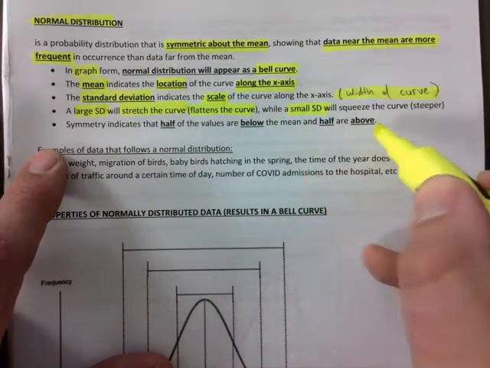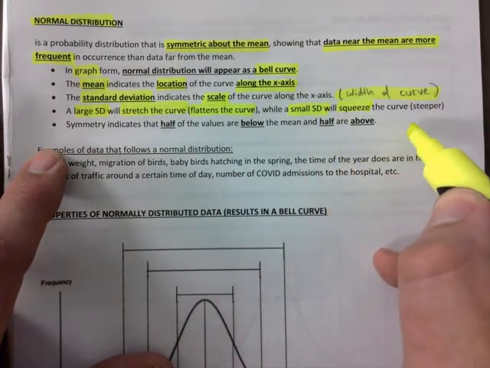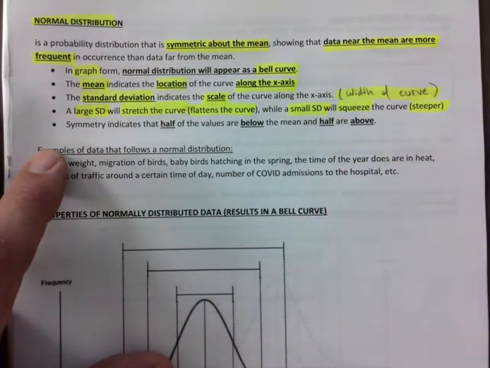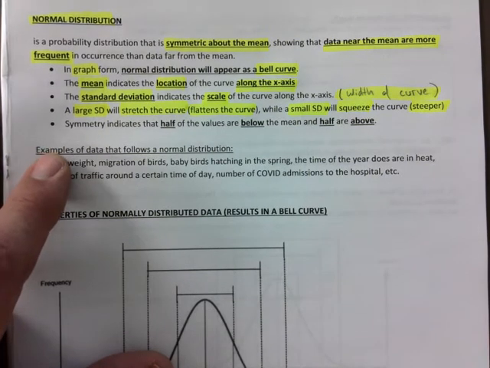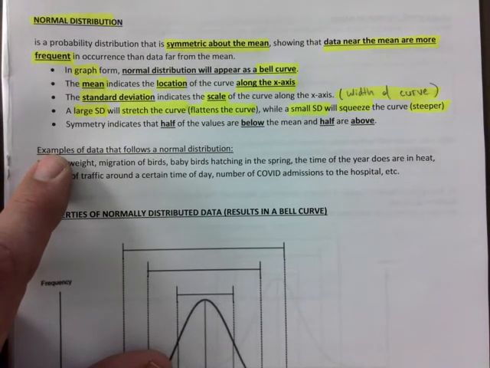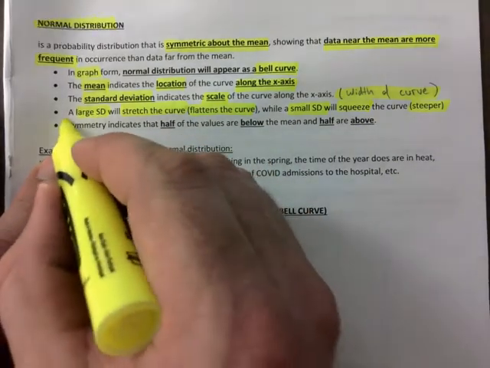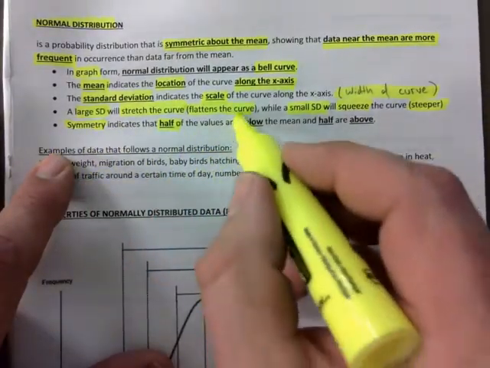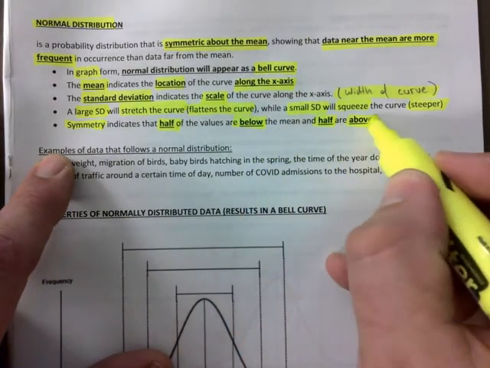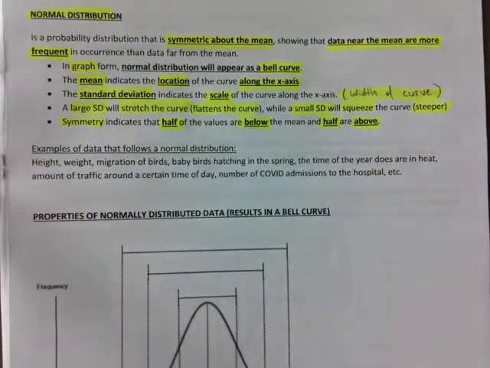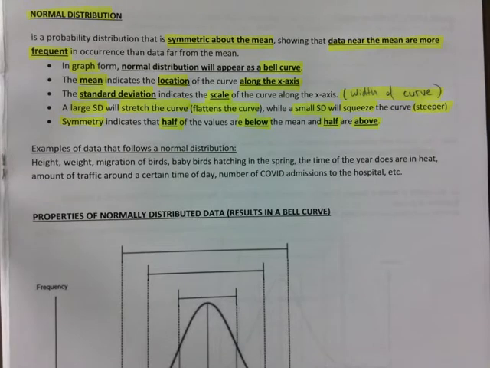A small standard deviation will squeeze and will make it steeper. Obviously, symmetry indicates that half of the values are below and half are above. That's also a thing that you need to remember about normal distribution.